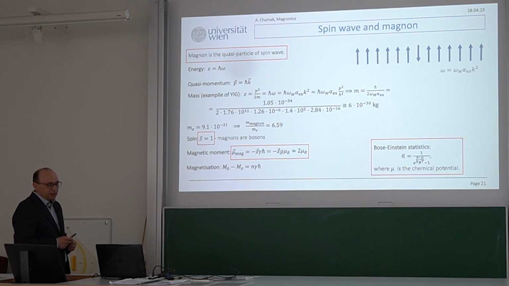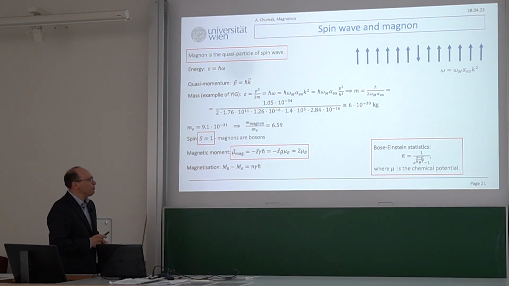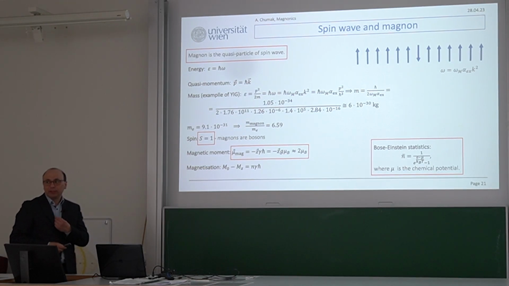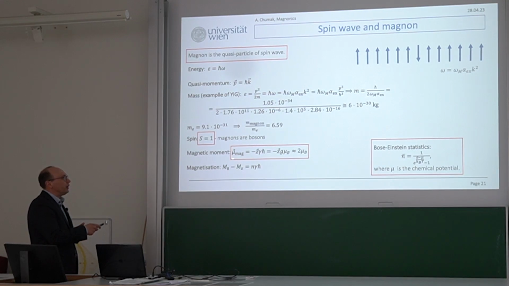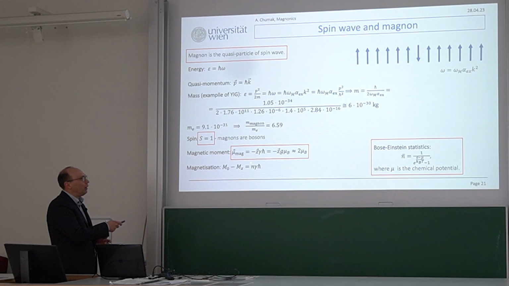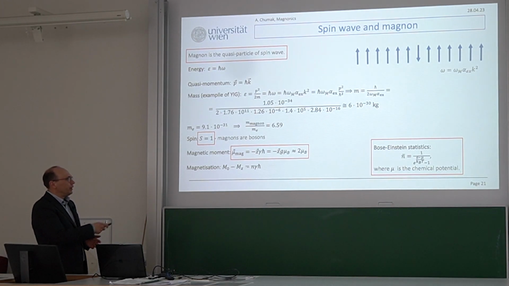M0 is the steady state, the ground state, when all spins are oriented in the same direction. Mz is our state when we have some excited magnons in the system. To find the change in magnetization between the ground state and the excited state, you simply need to introduce the number of magnons n, and each of them changes the magnetization by this γħ value. So I think it's straightforward.